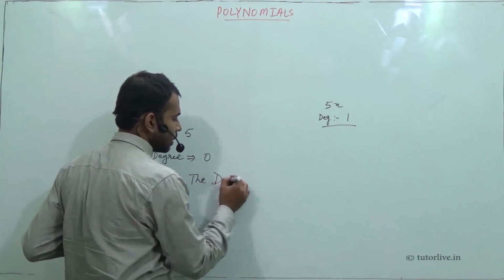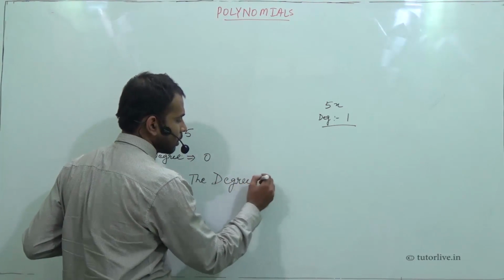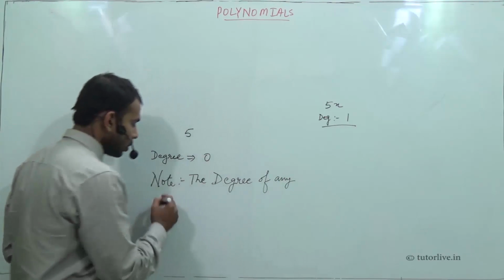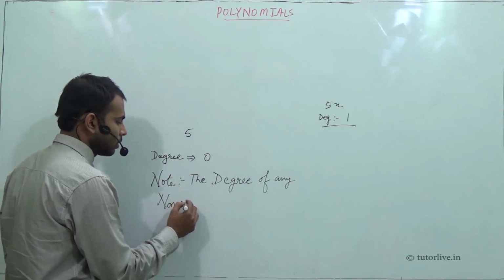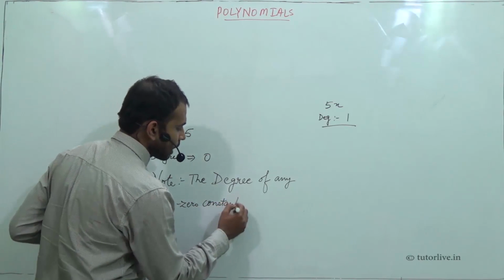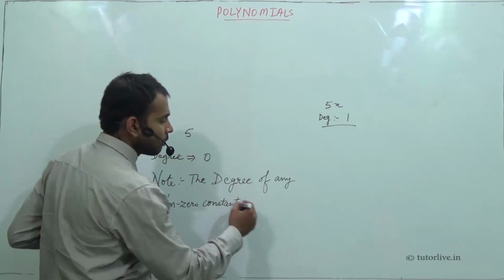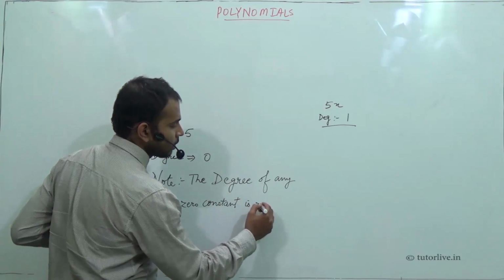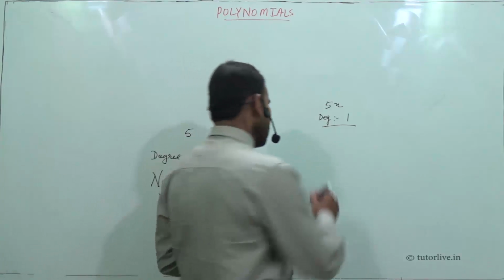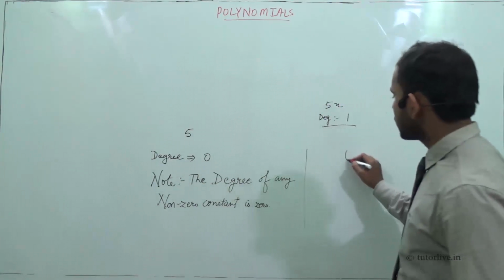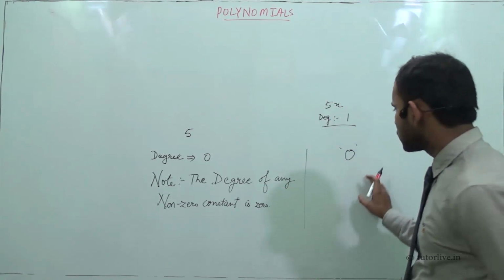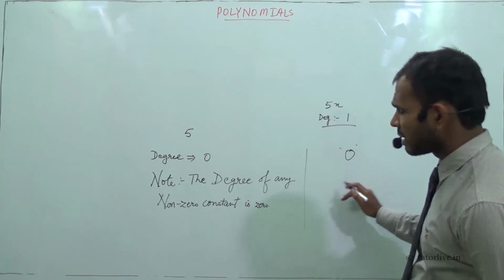The degree of any non-zero constant, that means any number except 0, is 0. So if it is a non-zero constant, it's 0. What is the degree of 0? 0 is not an expression, it is called the zero polynomial in itself.